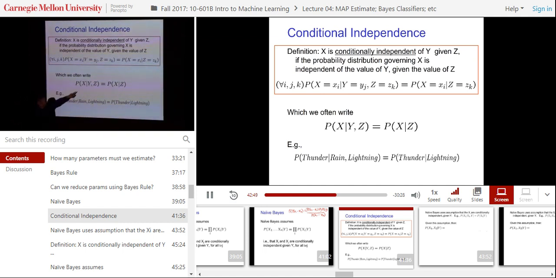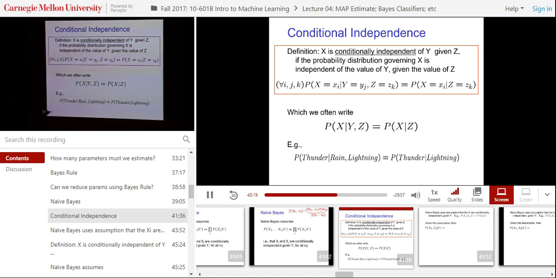And for that reason, thunder is conditionally independent of rain, given that we observe the value of lightning to be 1 or 0. If there's no lightning, there will be no thunder. If there is, there will be, if you're close enough. But whether it's raining or not won't actually change that.